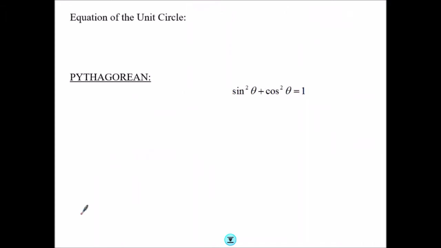Next, we're going to take a look at the Pythagorean identities. But before we do that, let's look at the equation of the unit circle. We already discussed equations of circles at the beginning of the year. We know that the general form for the equation of a circle is (x minus h) squared plus (y minus k) squared equals r squared.